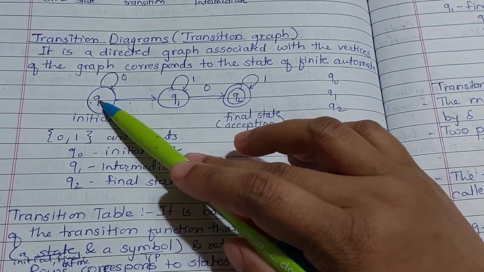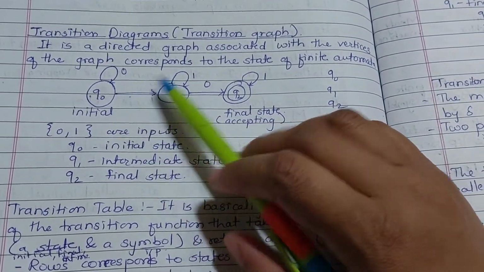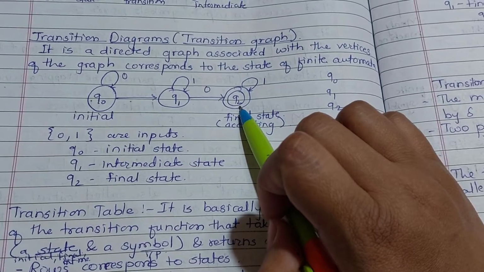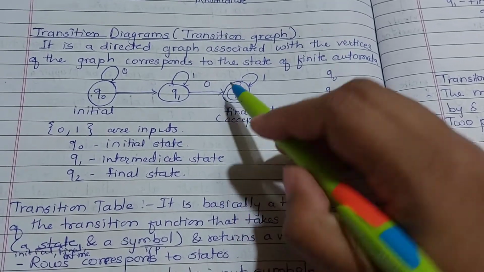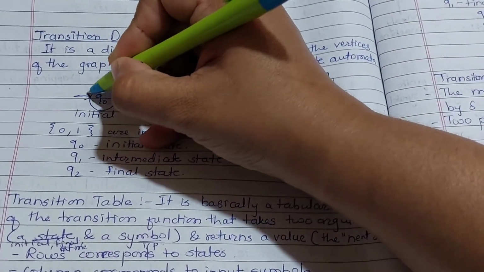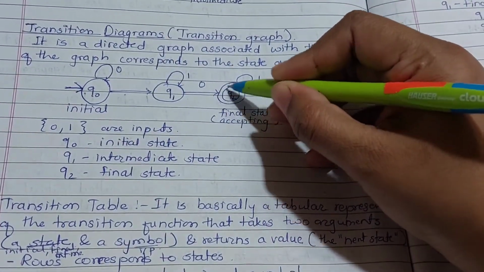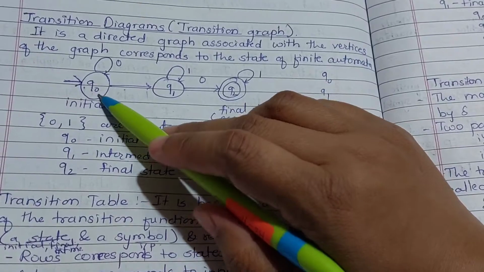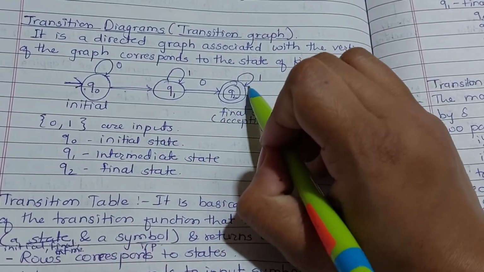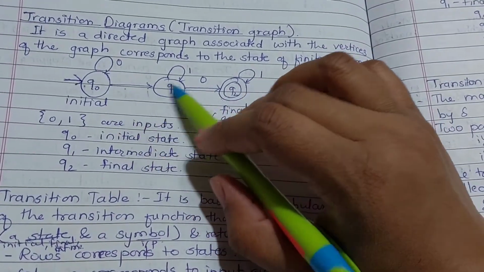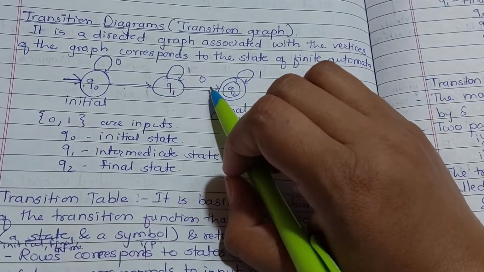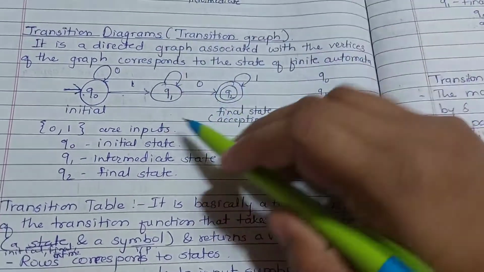So if you observe this diagram, we are having three states like q0, q1, q2. Now in a finite automata, initial state can be represented like this with an arrow, and the final states can be represented with two circles. Now these are the transitions. With the help of the arrow, whatever we have provided, we can say that it is a transition.